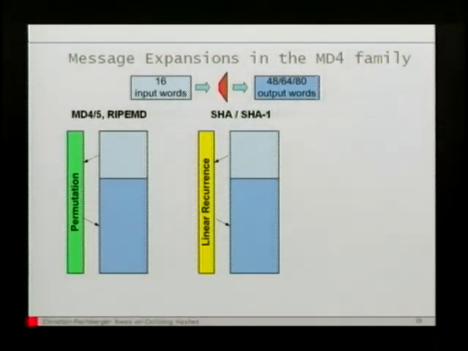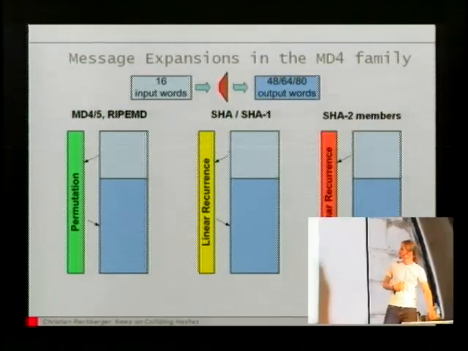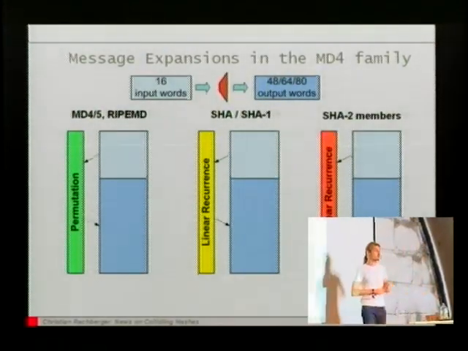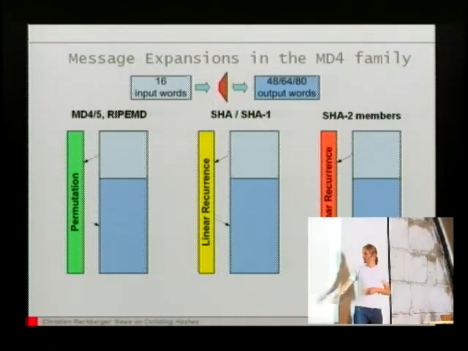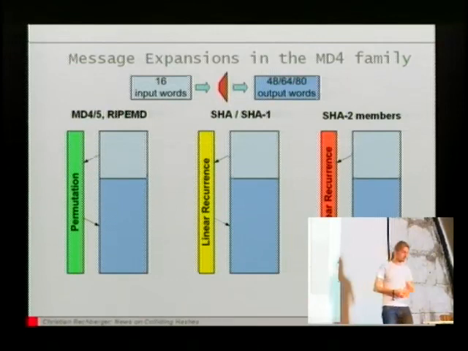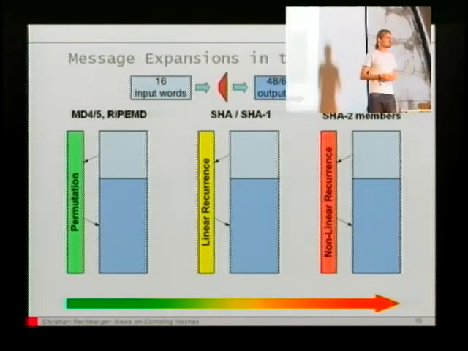In fact, they use a linear recurrence relation to derive the expanded message words, which is supposed to make things more complicated. Then in the newer members of the SHA family, there's even more complicated stuff going on. Here there's a non-linear recurrence relation. What you see in general is this tendency of increased design complexity.